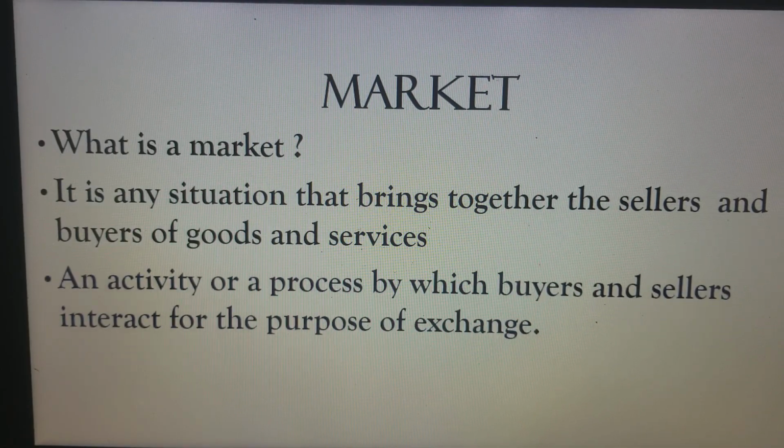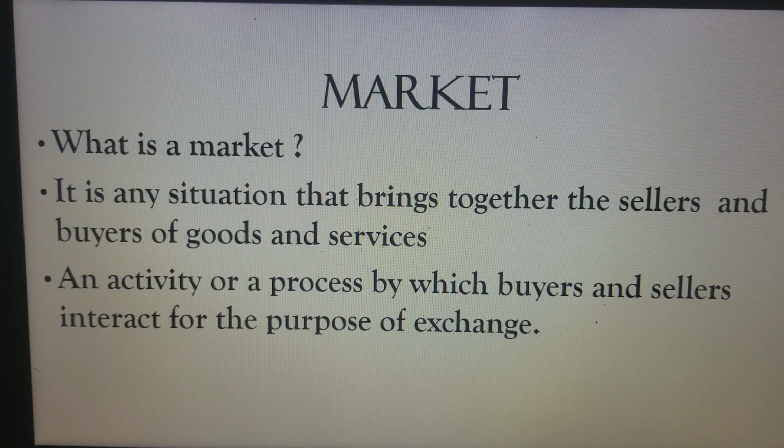Our second definition: it is an activity or a process by which buyers and sellers interact for the purpose of exchange. What do we see that is common between these two definitions? That it is really a relationship between the sellers and the buyers.